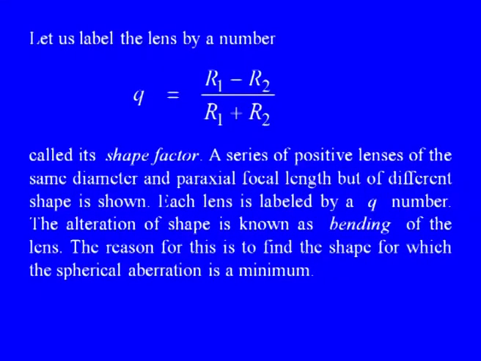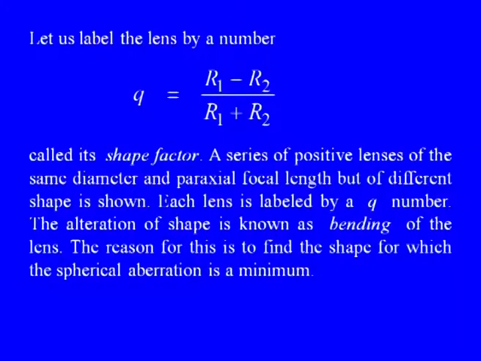Now, let us label the lens by a number. This is called the shape factor, q equals R1 minus R2 upon R1 plus R2. Consider a series of positive lenses of the same diameter, same aperture, same size and same paraxial focal length.